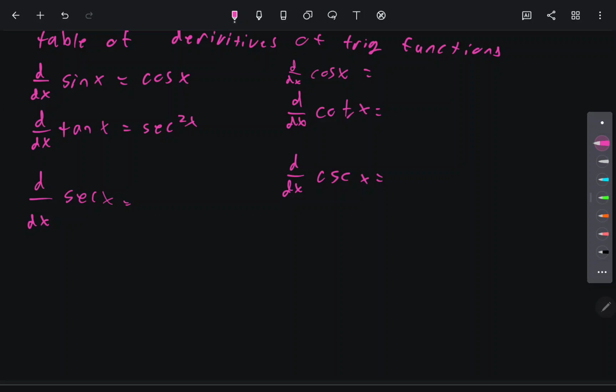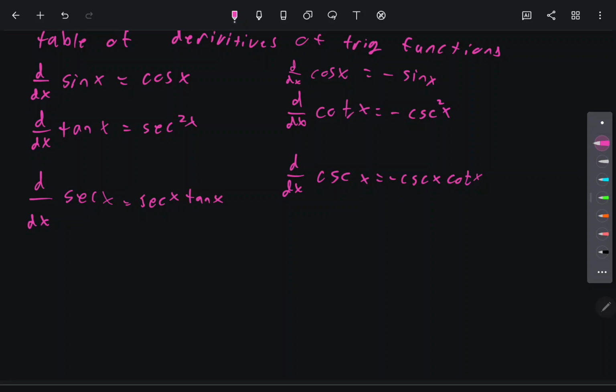The derivative of secant is secant of x, tangent of x. Cosine of x, the derivative is negative sine of x. The derivative of cotangent is negative cosecant of x squared. The derivative of cosecant is negative cosecant x cotangent x.